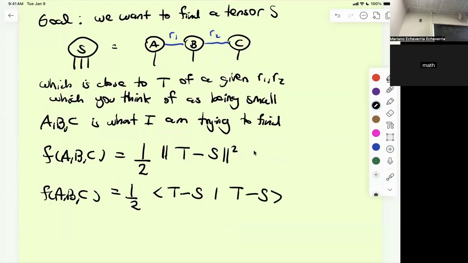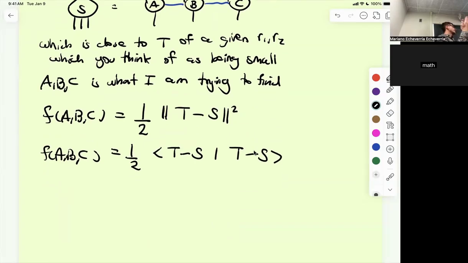When you have tensors, you can just do a dot product by joining the common legs, and that will give you a number. That is what you use to define the distance between the tensors.